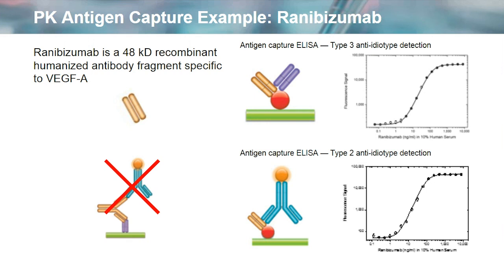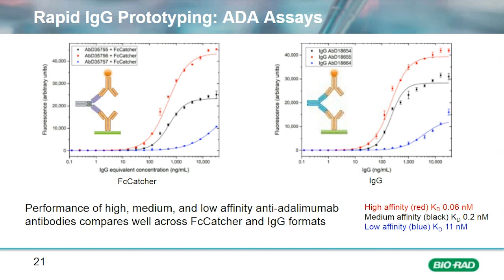So from pharmacokinetic assays, back to a different type of SpyTag format comparison study, again keeping in the theme of the bioanalytical world. What we're looking at in this slide is anti-drug antibody assays. Here you've developed a drug, and you need a positive control material to simulate an immune response to your drug, but obviously there aren't many patients with that because nobody's ever been exposed to a molecule you've just developed.